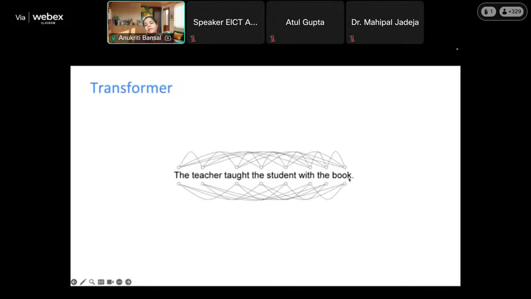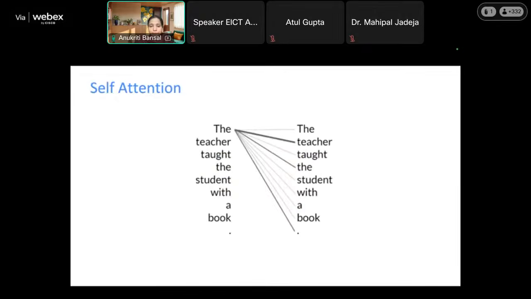So it will provide me some information like who is reading the book, and book is related to whom, and other aspects of a language as well. "Taught" is more related to teacher, student and book as compared to all other words in my sentence.